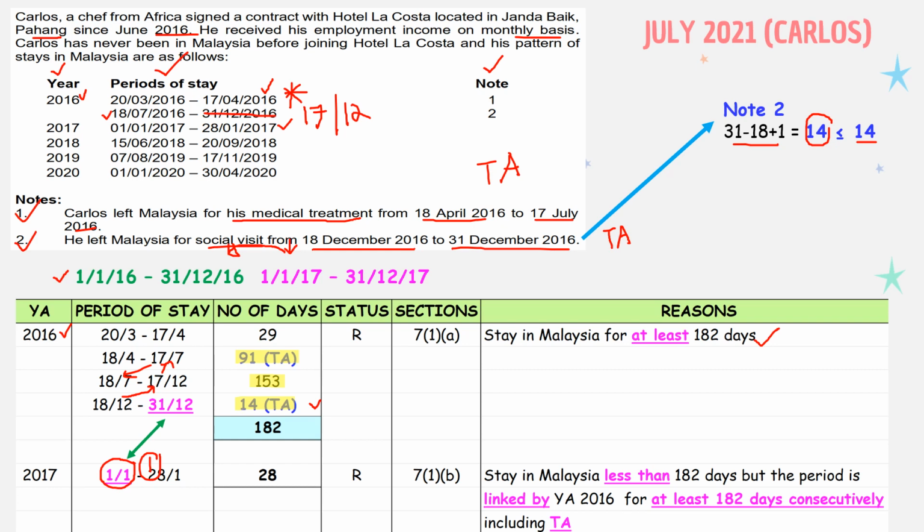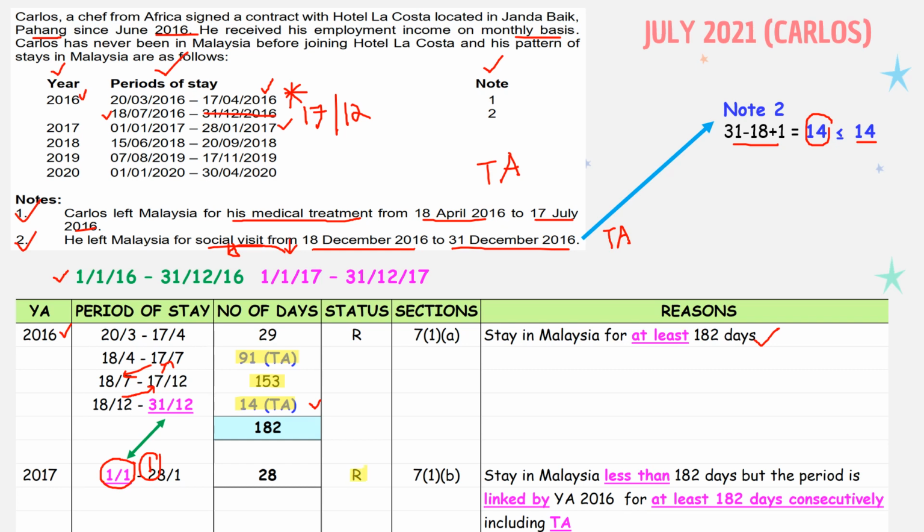So after 17 July, 18 July, yes? Meaning before and after present in Malaysia. Now we can add this TA. We need 182 days including TA. 91 plus 153 plus 40, more than 182, isn't it, guys? More than 182. Therefore, what happened to 2017?